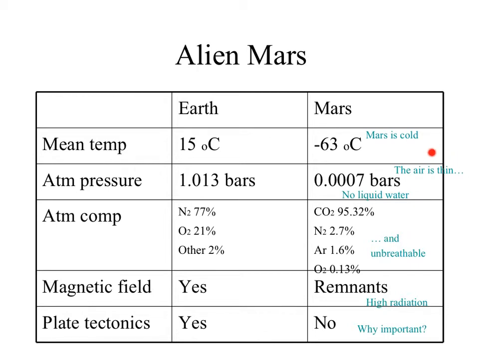And because the air is thin, there is no liquid water present on the surface of Mars, at least in any extended time period. If you set out a pan of water on Mars, it would be a race to see whether the water would freeze or boil away first. Okay? Because of the low atmospheric pressure, just as you go up in elevation, like if you were trying to boil water in Denver, which is a mile high, it boils at a much lower temperature than at sea level.